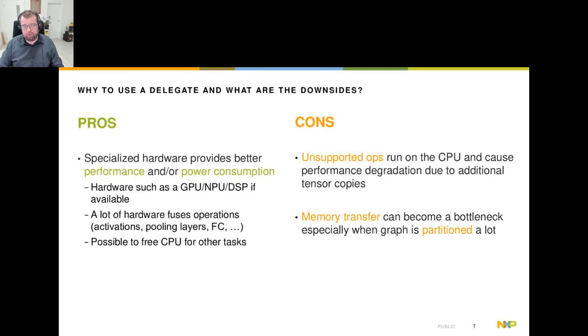But his use case was that the CPU was already running at 100%, so he wanted to free it up a little. So he actually offloaded the execution to the GPU, where it actually took longer to execute inference, maybe by 50%, but he was able to use the CPU for something else.